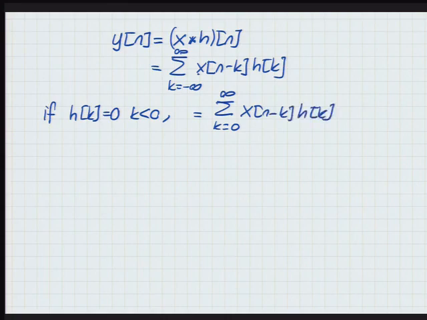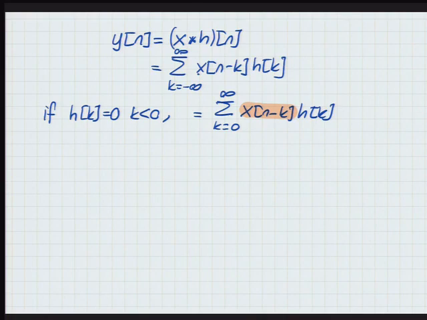So if you look at these terms, you only have 0 or positive values of k, right? That means you care about x of n, the present value of x. You care about perhaps x of n minus 1, the past value. But you'll never have anything like x of n plus something, because that would mean a negative k, and negative k's are eliminated because of this, right?